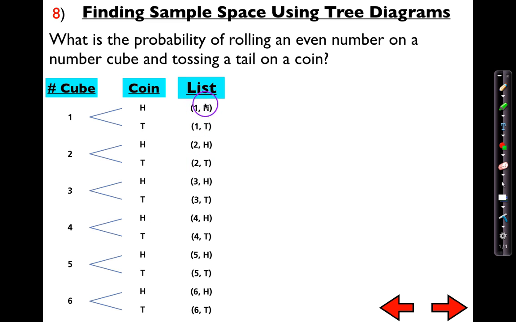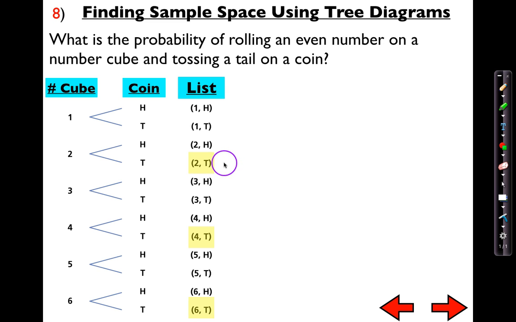Now the question was, what's the probability of rolling an even number on a number cube and tossing tails? So I'm looking for even numbers and tails. Nope, nope, nope, yes, no, no, no, yes, no, no, no, yes. Okay, so I noticed that there's 3, but I need to figure out what is the total number of outcomes. What's the sample space?